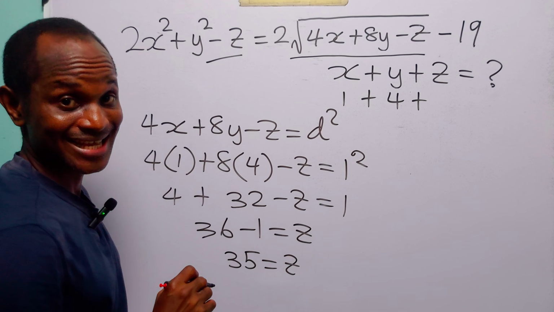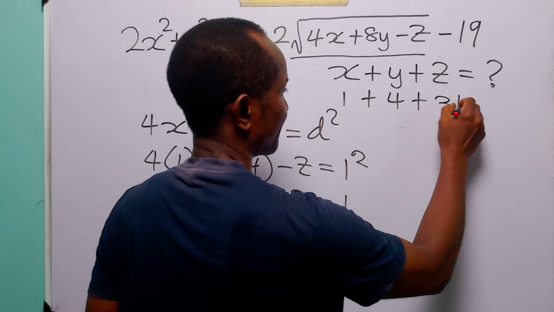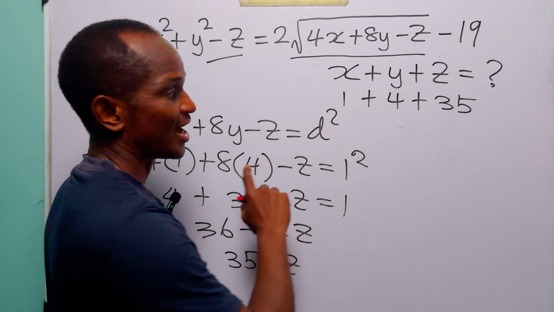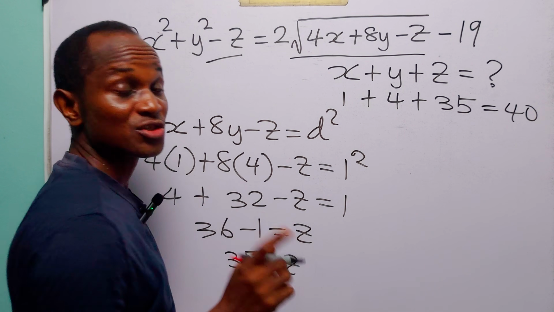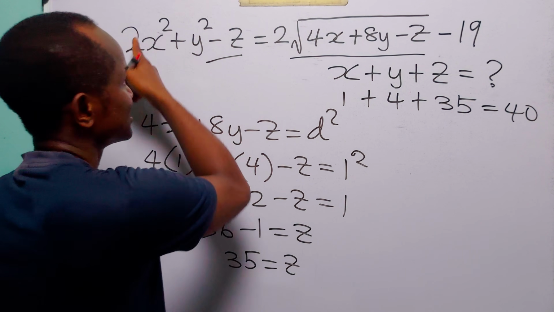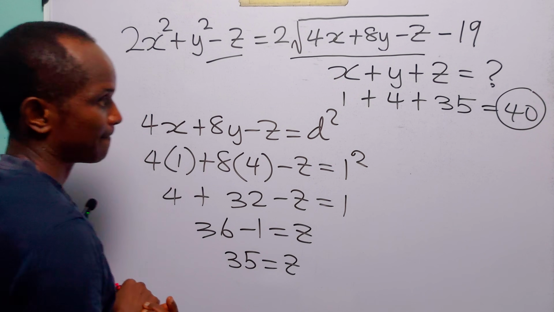So we have that z is equal to 35. Now, 1 plus 4 is 5. 5 plus 35 is equal to 40. So the value of x plus y plus z given this equation is 40.